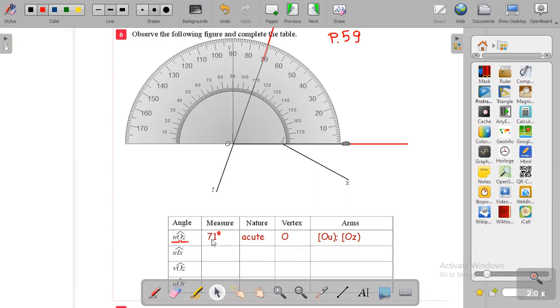Now we have to find the measure of UIX. Let's see what are the arms because we have to elongate the arms. So the arms are IU and IX. We draw arms for the angle.